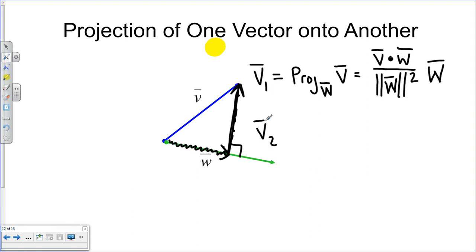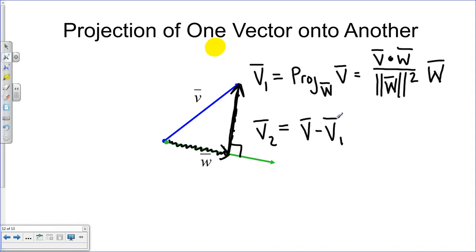It's perpendicular to W, and it's really super easy because all the work's been done up here finding the projection. So V2 is equal to V minus V1. So that's really super easy. You just take the two components and subtract them. So this is what's referred to as components. We have a component parallel to W, that's the projection, and we have a component perpendicular to W, that's V2. So you're going to be asked to do this as well.